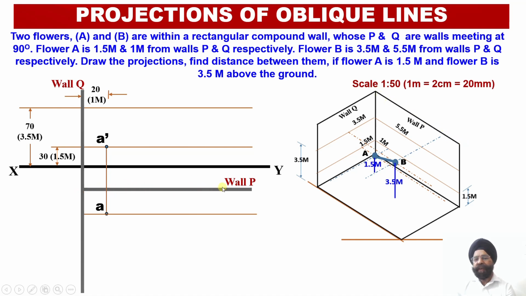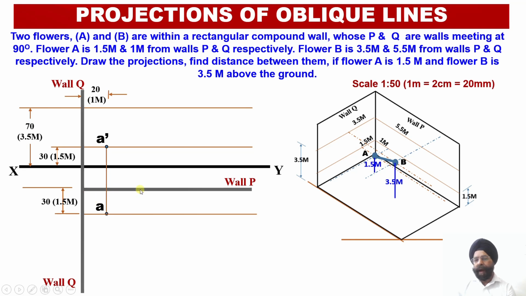Once we locate wall P, we know that the distance between wall P and the point A, or the flower A, is 1.5 meters. So we must mark over here the distance of 1.5 meters between the wall P and the coordinate location of the point A in the plan.